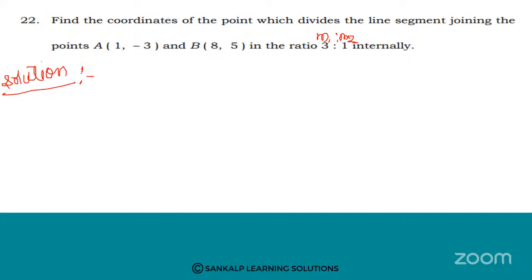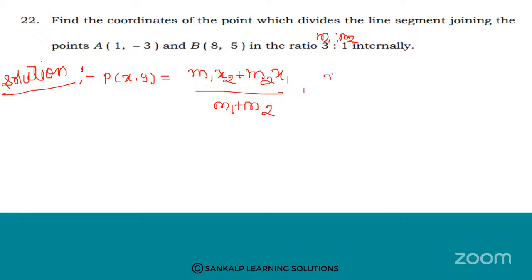Section formula: P of (x, y) is equal to (m1 x2 plus m2 x1) divided by (m1 plus m2), and (m1 y2 plus m2 y1) divided by (m1 plus m2), right? So this is the formula.